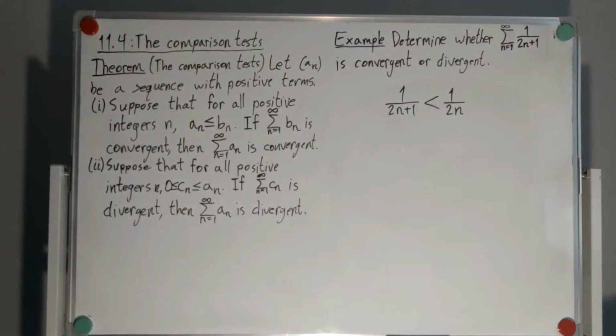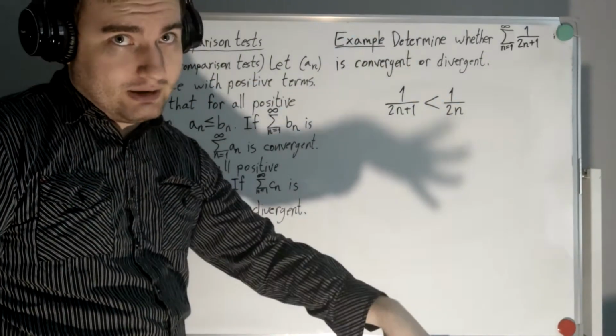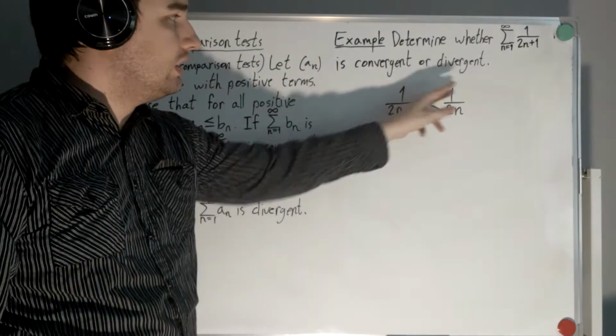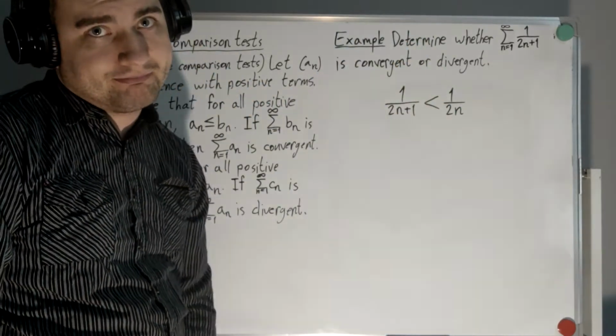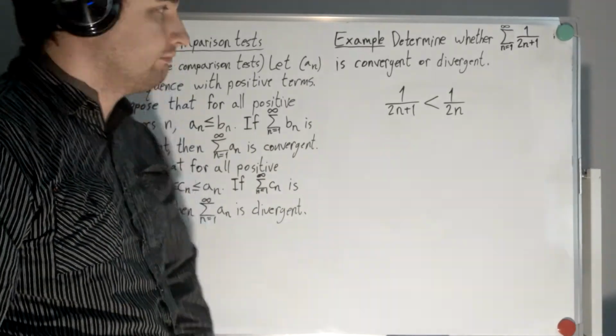The comparison test would only be applicable if this were smaller and the series were divergent, or if this were larger and it were convergent. Neither of those are the case, so we're going to have to do something else here.